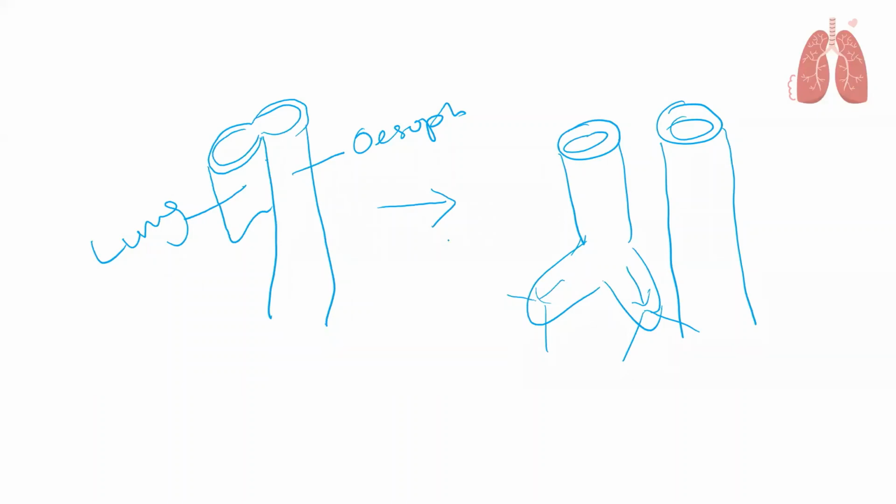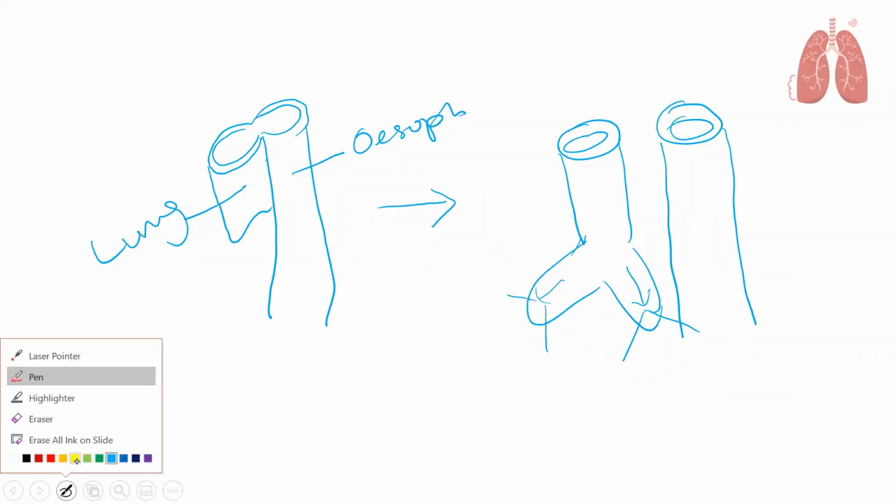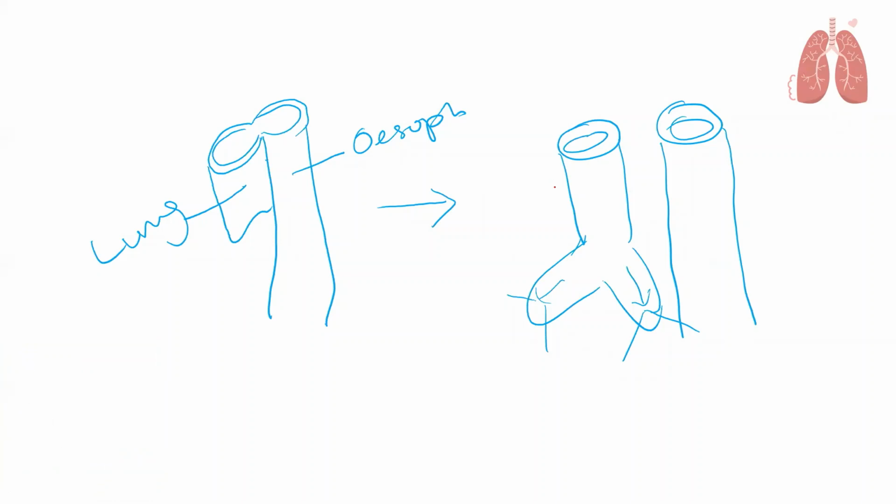Okay? Splanchnic mesoderm it takes with it. So you have a splanchnic mesoderm layer moving into the coelomic cavity along with the lung bud.